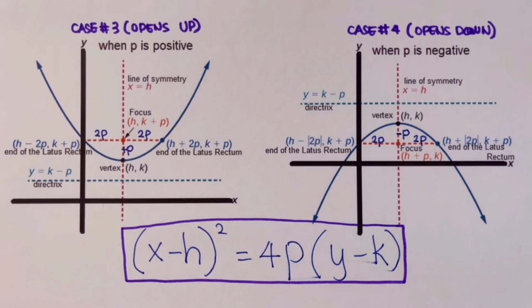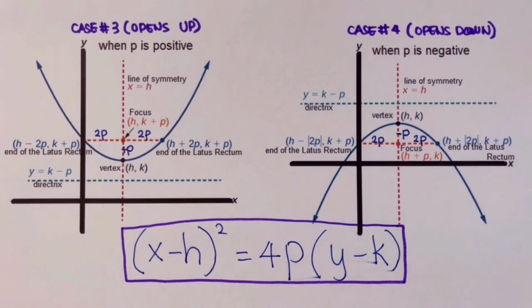So what we do next is factor this out. This is how it's going to look. What I did was I factored out 4. If I use the distributive property, 4 times y is 4y, and 4 times negative 1 is negative 4. This is already the vertex form, or the graphing form, of this general form of the parabola. I'm just going to put that inside the box.